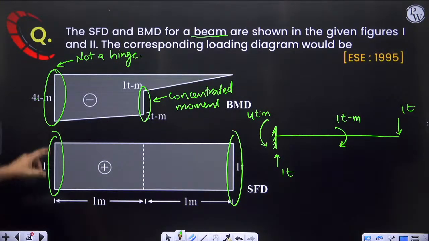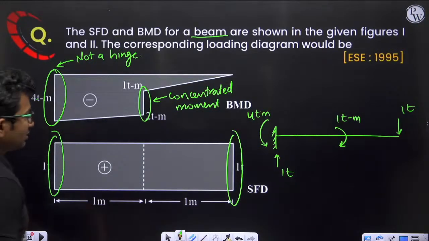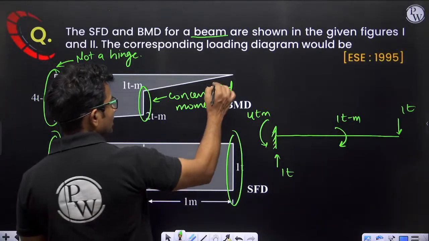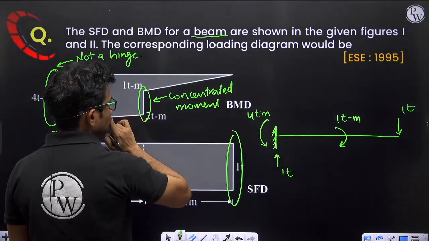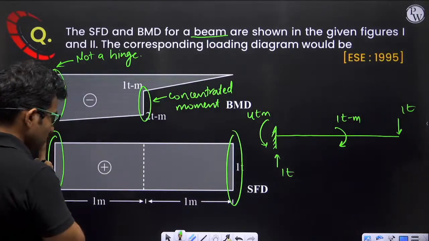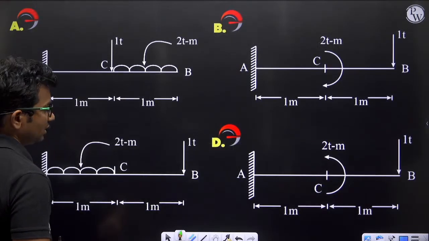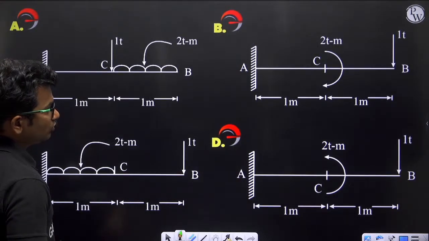So this should be 3 ton meter, no? Why is 4 ton meter coming? Okay, let us see. One more thing we forgot: this is the shear force diagram. So no UDL can be there. There can be no UDL.